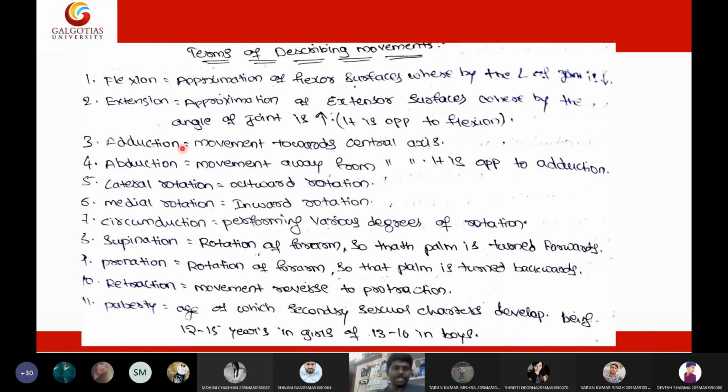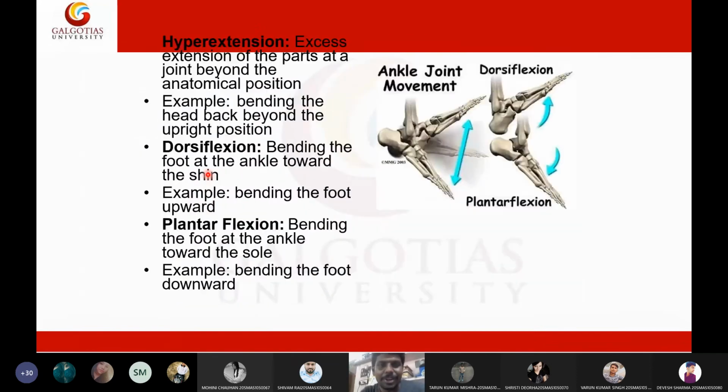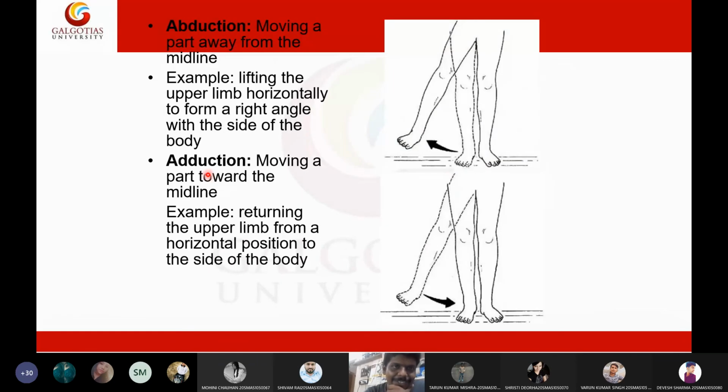Then abduction and adduction. How can I tell you this without a demonstration? Okay, let us do one thing.